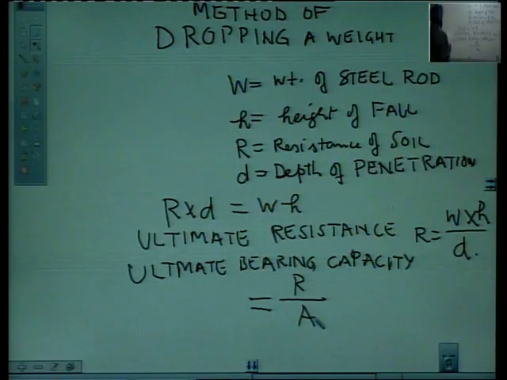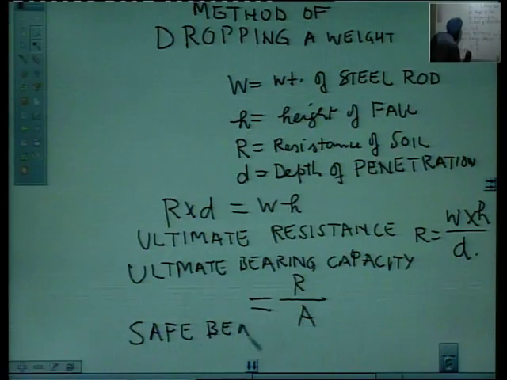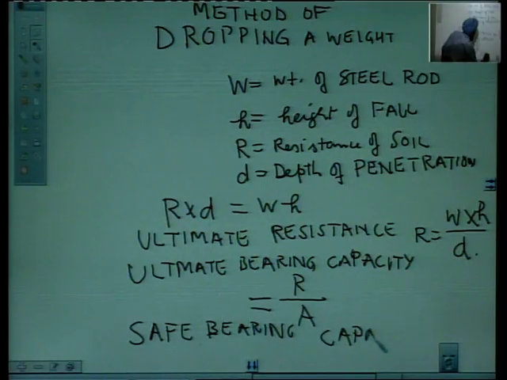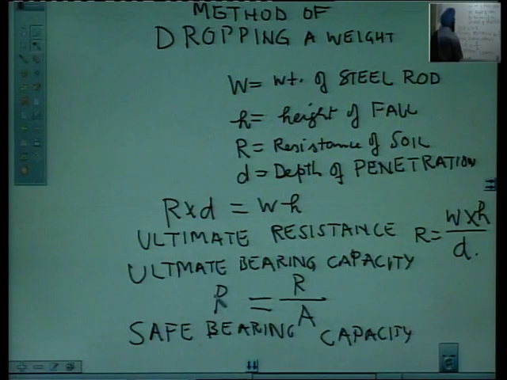If you want to find the safe bearing capacity by this method, let us say ultimate bearing capacity is P, then safe bearing capacity is P upon F, the factor of safety. So, this way we can easily find the safe bearing capacity.